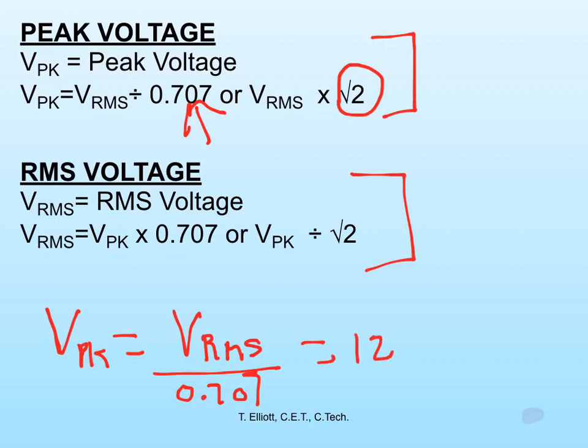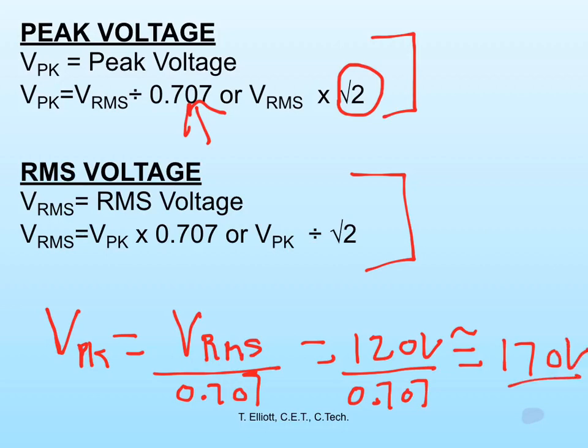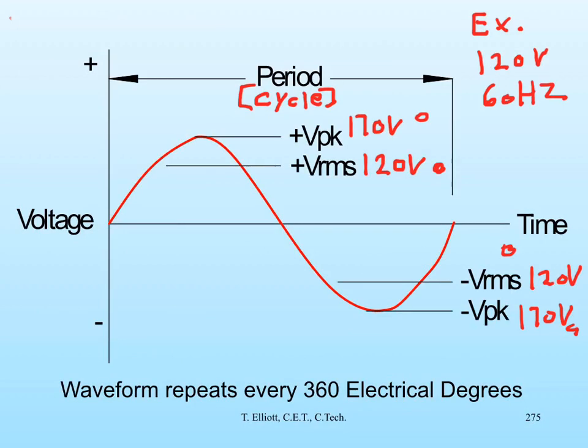So that's 120 volts divided by 0.707 equals approximately, if you work it out, 170 volts. Okay, and those are the values that I've shown here.